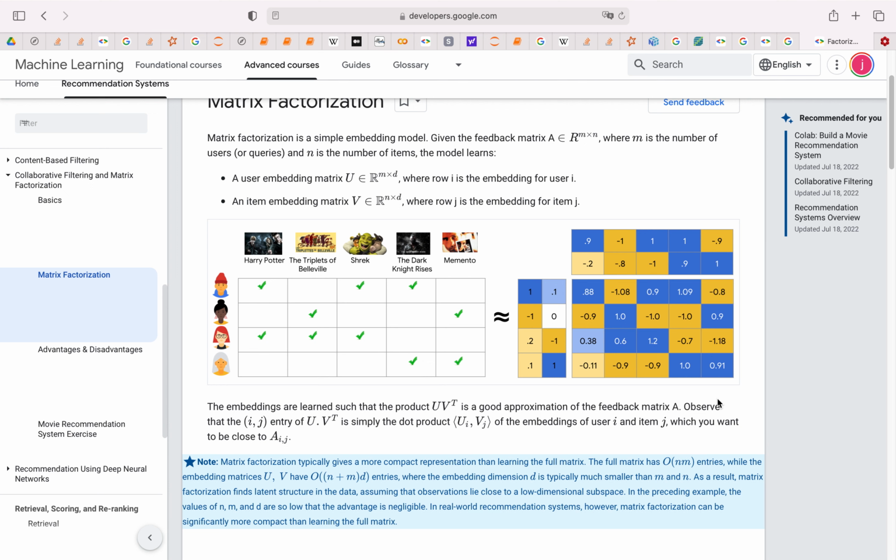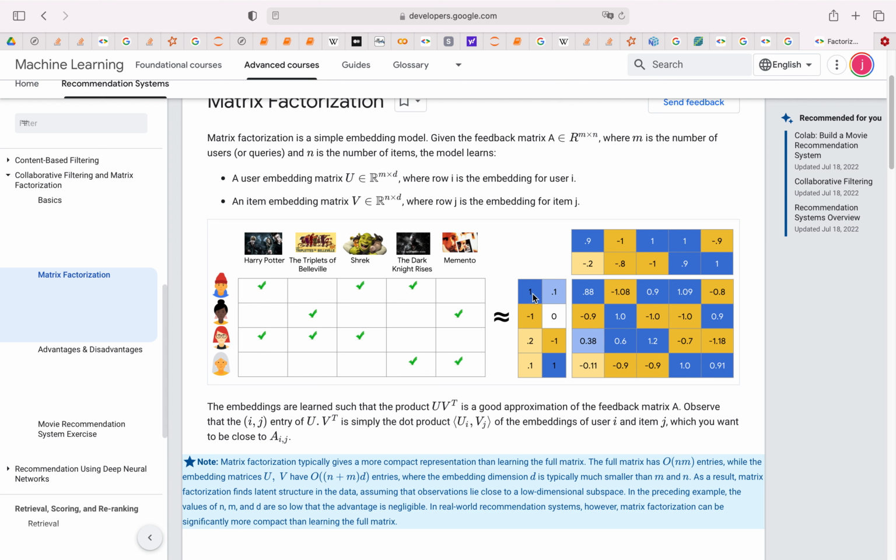We just explained the user embedding matrix, the capital U, and the item embedding matrix, the capital V, at a high level. This is the capital U, the user embedding matrix, and this is capital V, the item embedding matrix. And this is the feedback matrix.